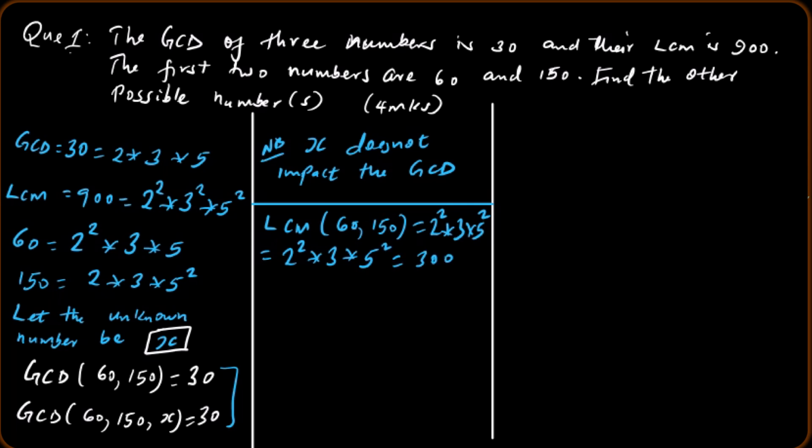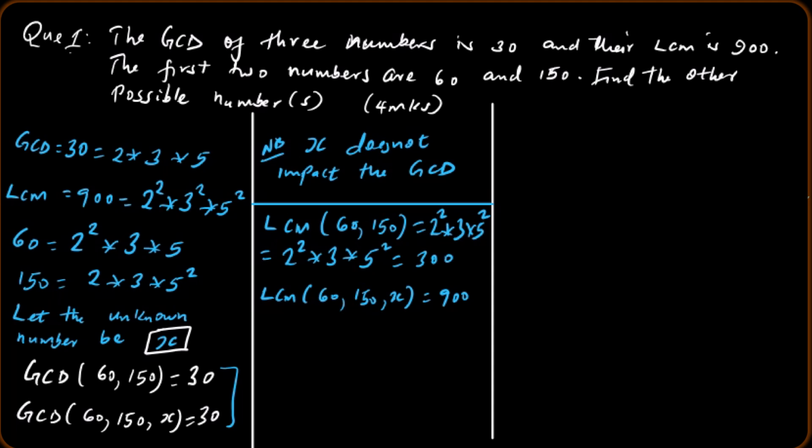Now remember, the LCM of three numbers, 60, 150 and x, we are told that it is 900.